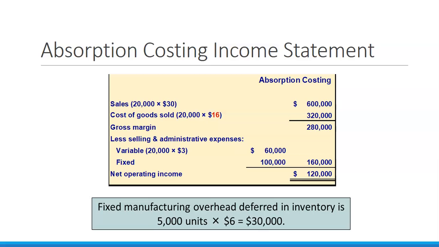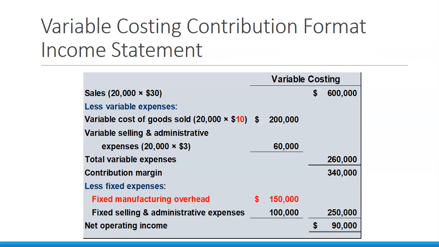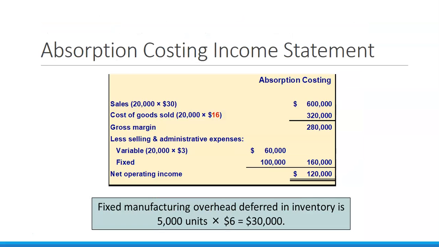So we've included 100% of the fixed manufacturing overhead as a period cost in the variable costing. But in absorption costing, part of that manufacturing overhead is deferred in our inventory. So this $30,000 value is sitting in our finished goods inventory in those 5,000 units of inventory. That then makes our operating income $120,000.